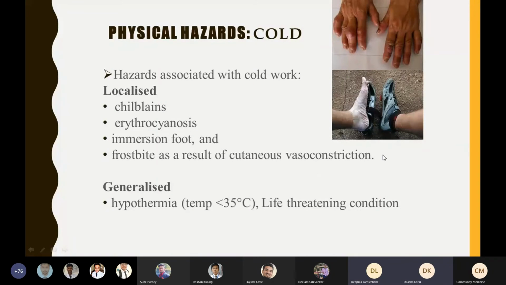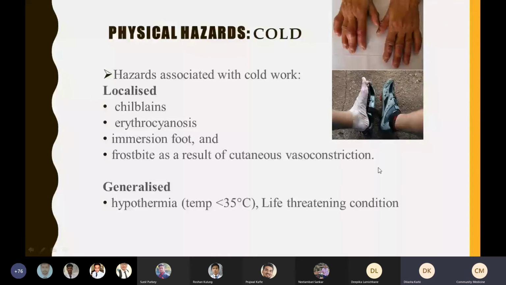So chilblains are something some of you might have faced, usually in December or January: the fingers become swollen and red, and when the hands and feet get warm, they become itchy. That is chilblains. Usually workers in a very cold environment commonly face chilblains.